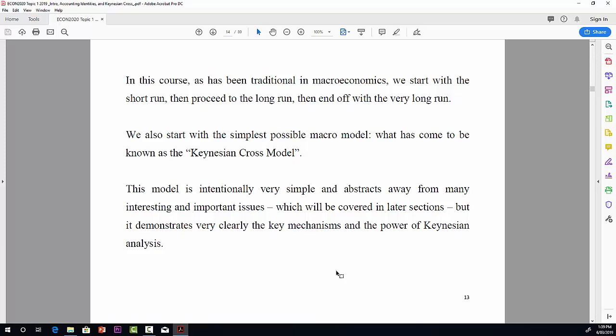We're also going to start off with the very simplest possible macro model. It's known as the Keynesian cross model. The model is very simple, and it's intentionally very simple. It abstracts away from many interesting and important issues, like a lot of issues that will be covered in later sections in the course. But the point here is I want you to be able to solve simple models.